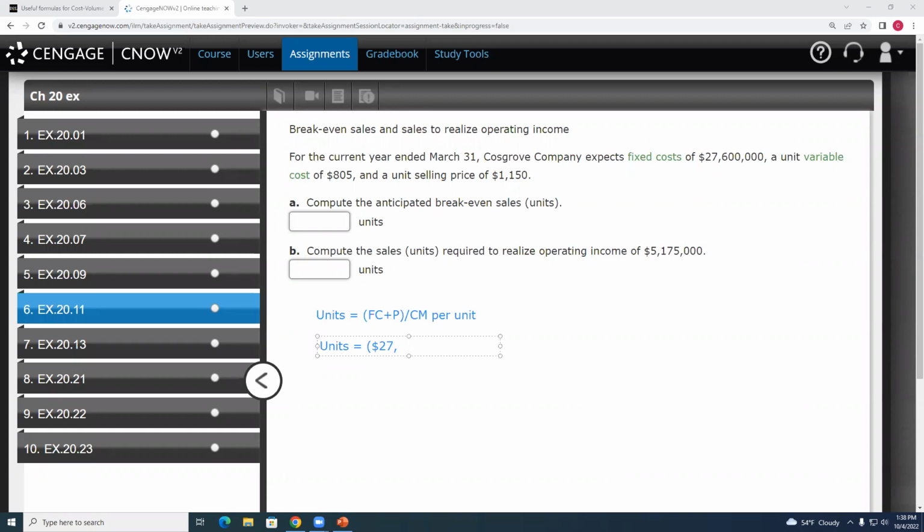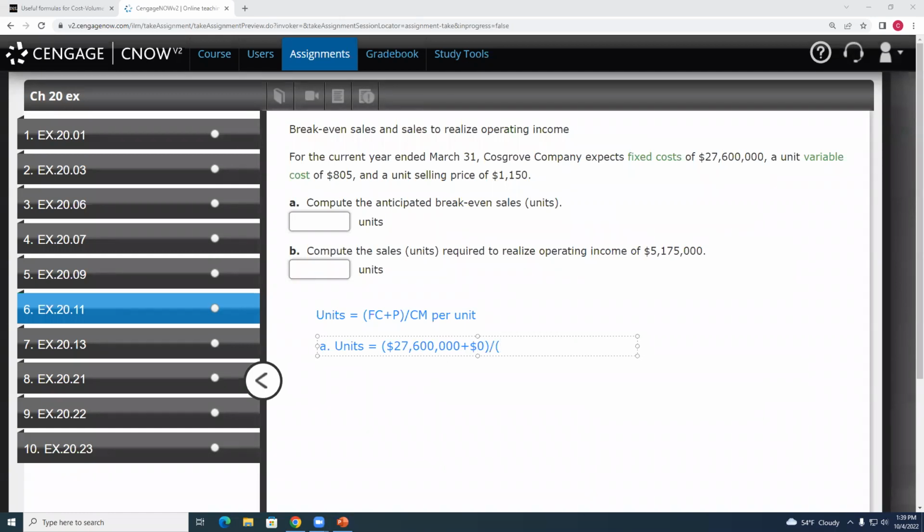I'm just plugging in what we were given. From the exercise, the fixed cost, $27,600,000, plus the profit. Well, this is the break-even point that we're finding here in letter A, and so the profit would just be 0.